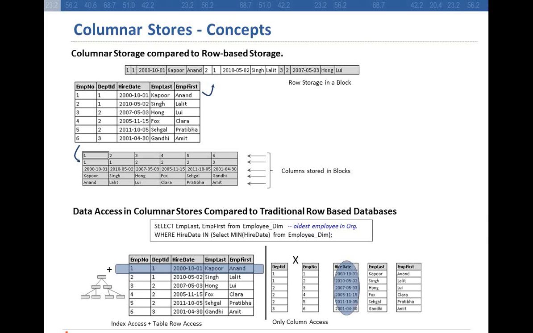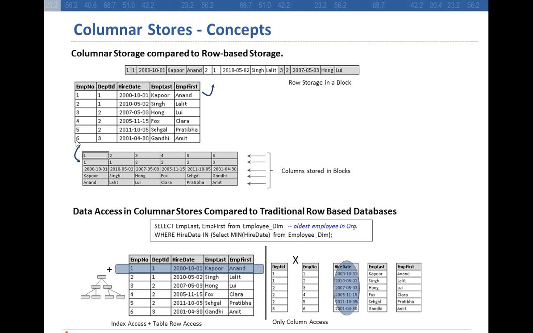And in this diagram, you can see that this is a typical table structure. In a row-based database, the entire row gets stored in a block. But in a columnar store, it is a column which gets stored.